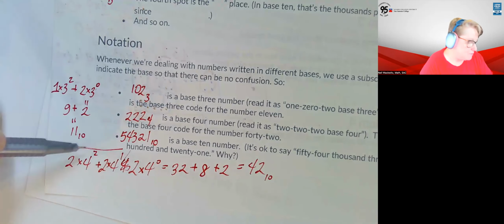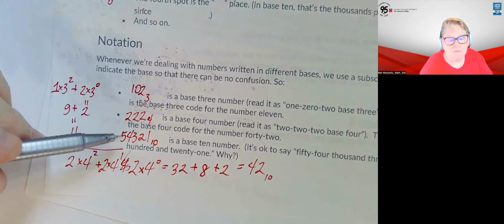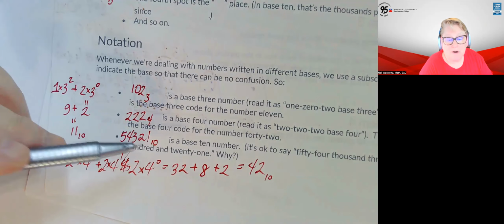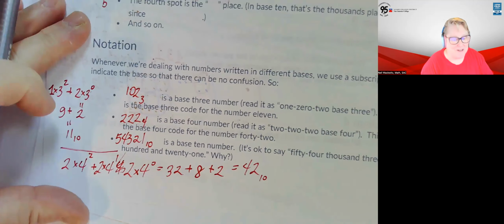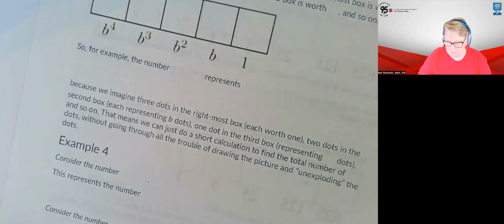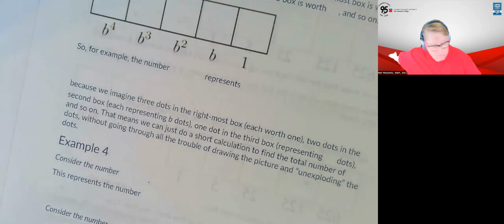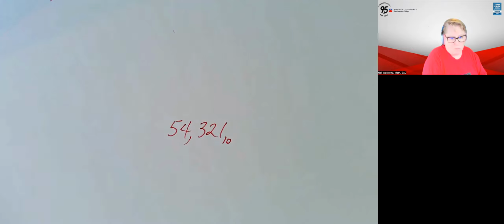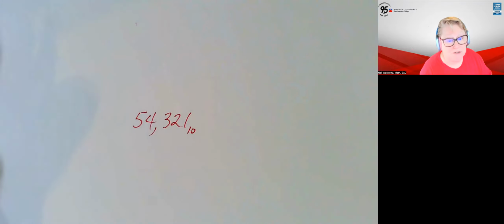Well, how do you want to rewrite 54,321? Let's see if we can write that base 2. So let's see. So the number is 54,321, and that's a base 10 number. We want to convert this to base 2.